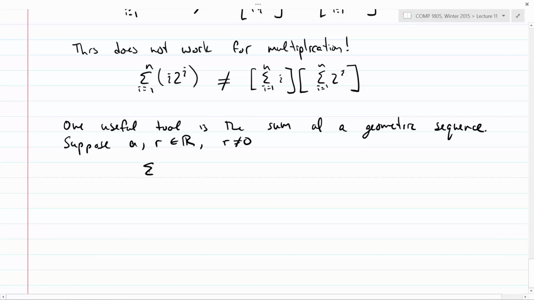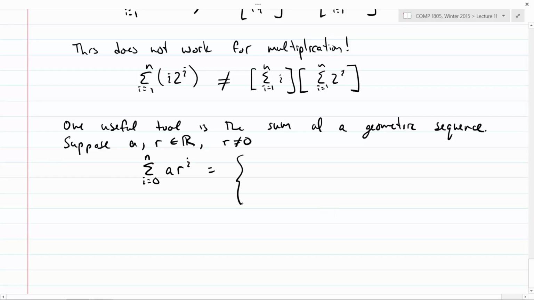What if we want to know the sum from i equals 0 to n of A times R to the i? That's the general term of a geometric sequence, and I'm starting at 0 here, to be clear. We have a formula for this, and the answer depends on what R is. So there are two cases that we'll consider: one is when R is equal to 1, and one when R is not equal to 1.